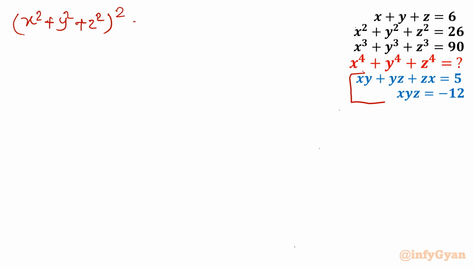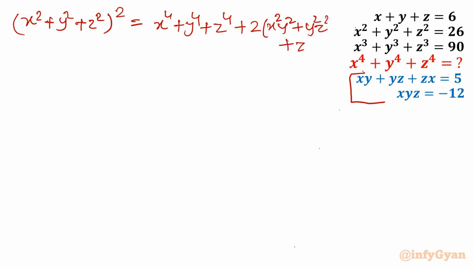If I take the whole square of this, then I will get x power 4 plus y power 4 plus z power 4 plus 2 times ab, where ab means x square y square plus y square z square plus z square x square.